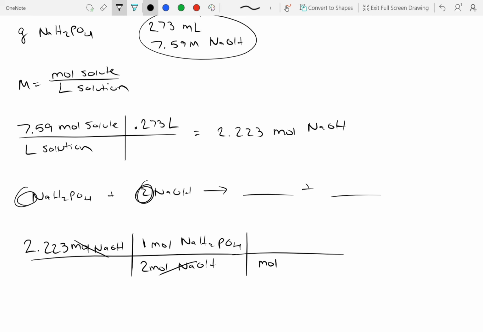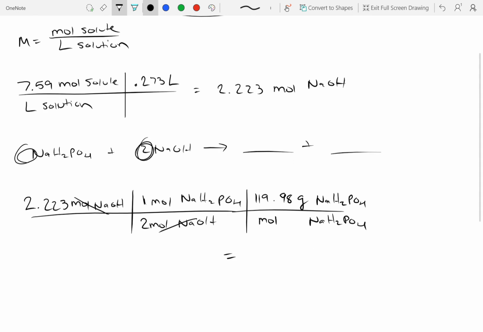So I know that there's 119.98 grams per mole of NaH2PO4. And so what I have is 133.35 grams of NaH2PO4.